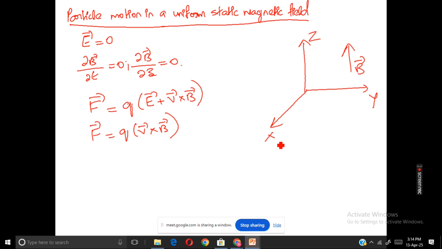Now if we solve this, we will get the different components of the velocity.